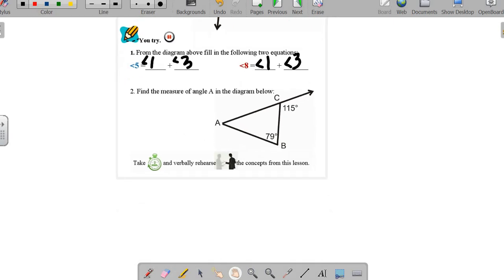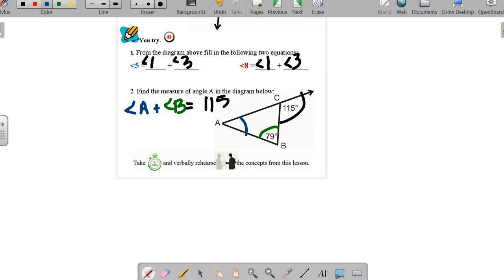Down here, find the measure of angle A. You should have done this, that angle A plus angle B on the inside equals 115 on the outside.